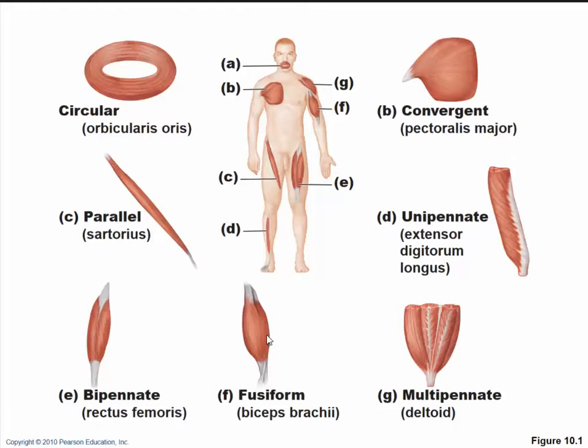Fusiform is somewhere in between this. There's a fair length of change and a fair amount of force because there's more fascicles, and the fascicles are long. So by looking at what a muscle looks like, you can surmise how it gets used.